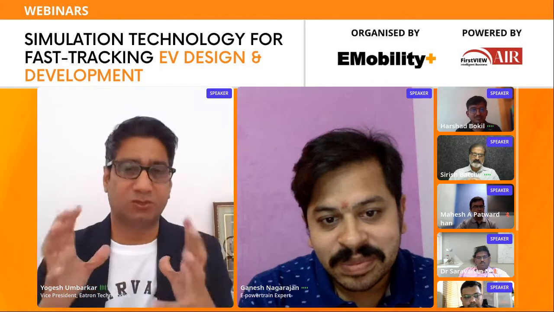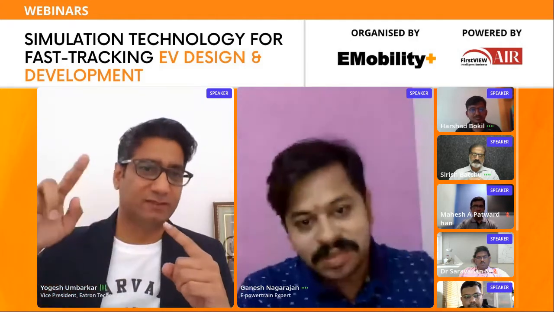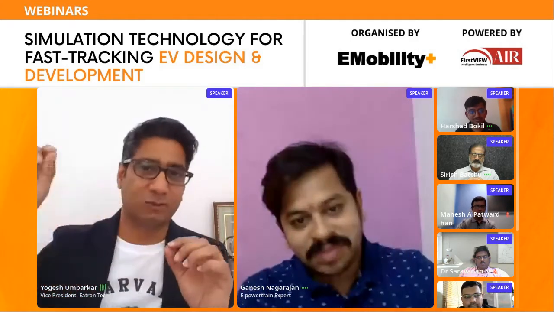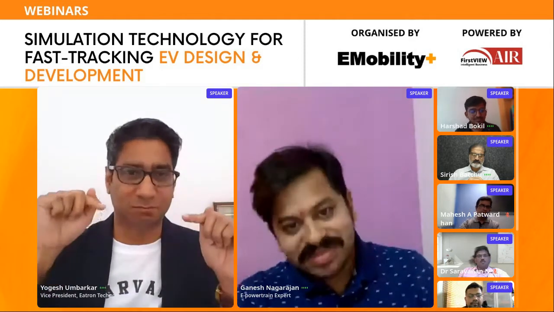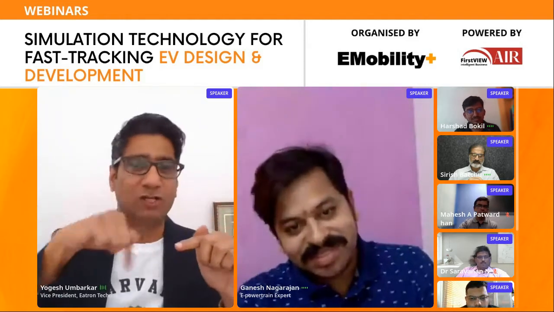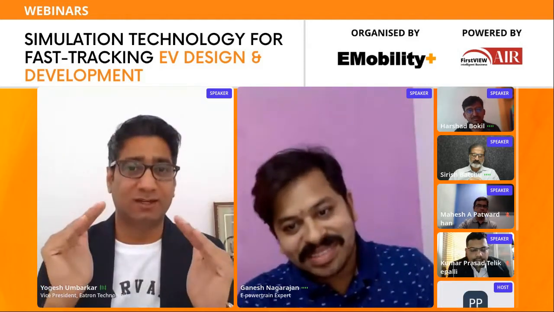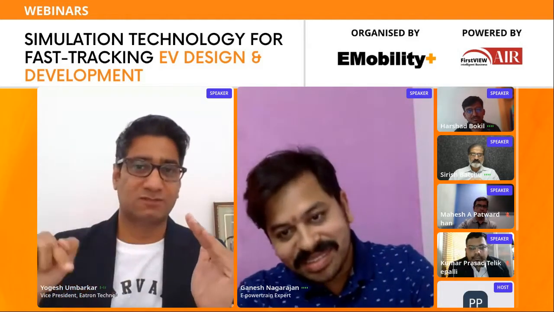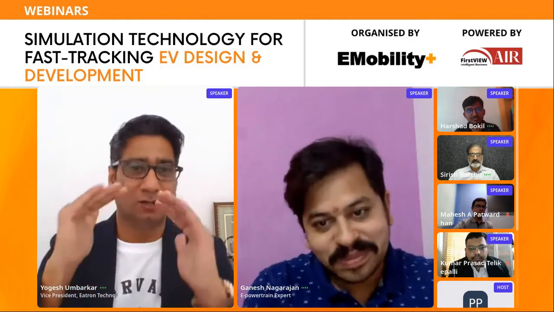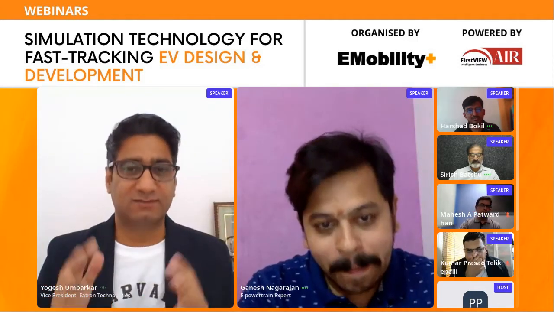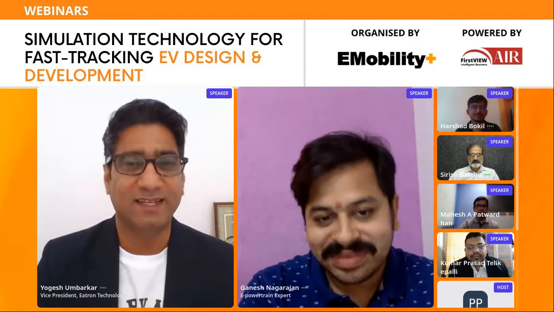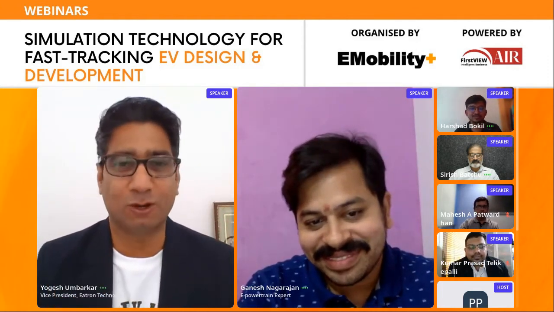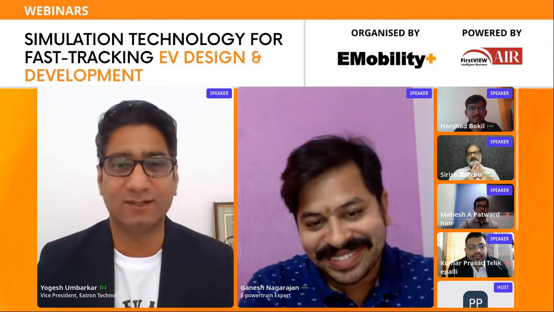Not just between the motor supplier and the OEM, but there's that triangle of the powertrain: battery, motor, and OEM. They all should interact. Then only you can achieve real optimization of those subsystems or components at the vehicle level. Otherwise, there will always be some gap, or you cannot achieve full optimization. That's my thought process too.